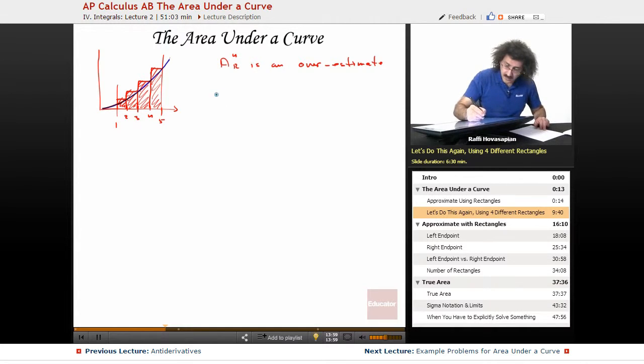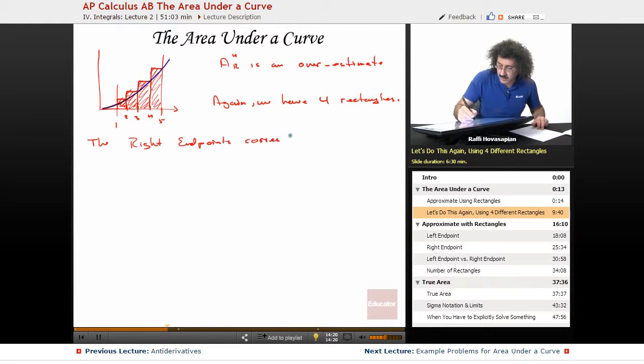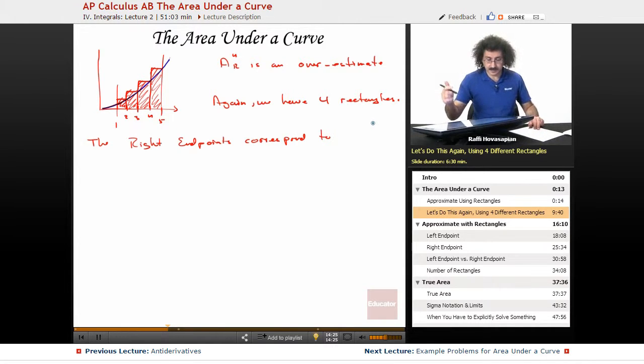So again, we have 4 rectangles. The right endpoints, they correspond to 5, 4, 3, and 2. I'll write them ordered this way, but I'll write it backwards.